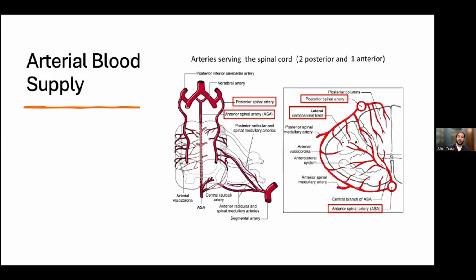Not all segmental arteries supply the cord directly, with many terminating in the paraspinal musculature, while a subset enters the vertebral canal through the intervertebral foramina as radicular arteries. These may further divide into anterior and posterior radicular arteries, which accompany the ventral and dorsal nerve roots, respectively.